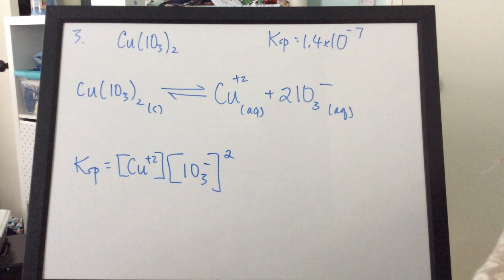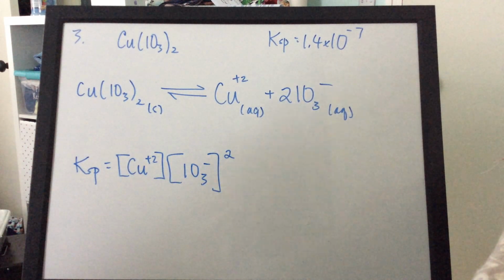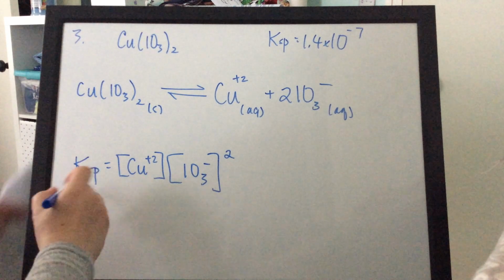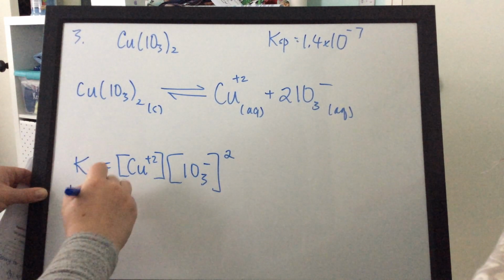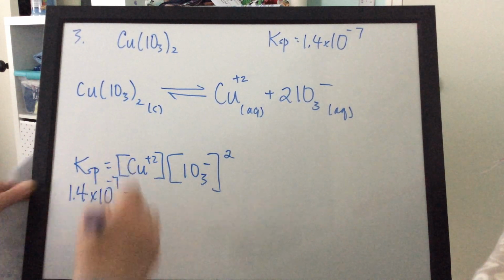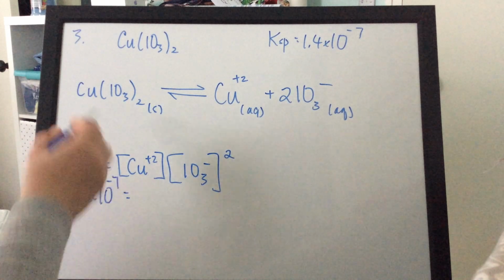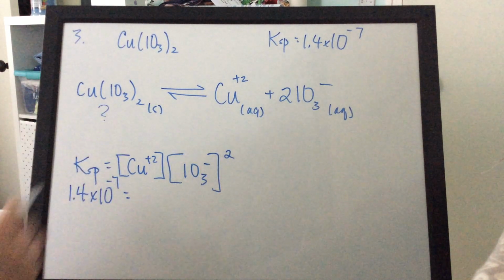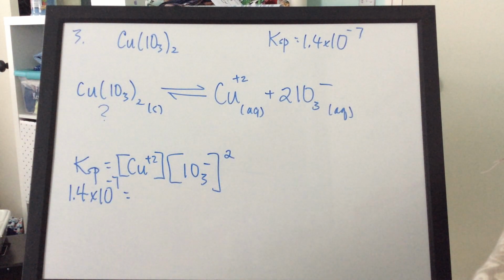Right, that's what my Ksp expression would look like. And I have this number, right? They gave it to me, so this is the first time I'm not solving for it. But in this case, what we're looking for is the molar solubility of this. So we're going to have to introduce a variable here. And it's not super complicated.